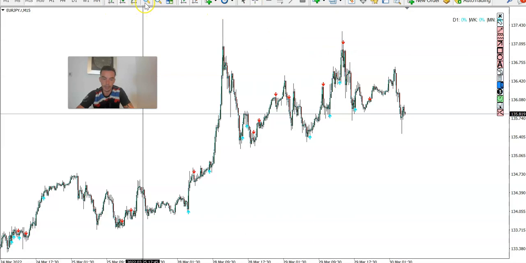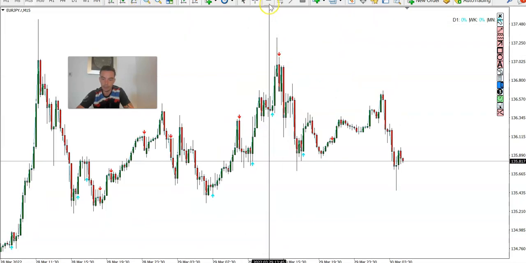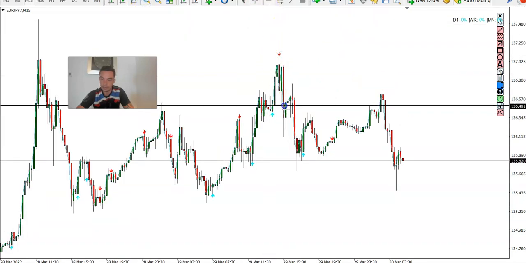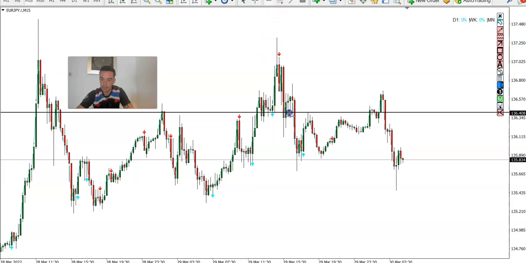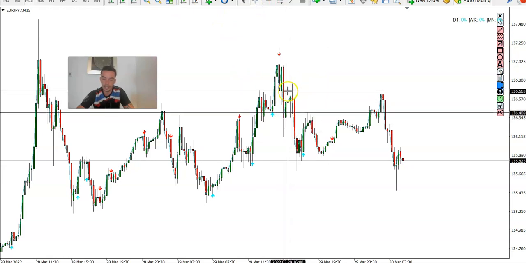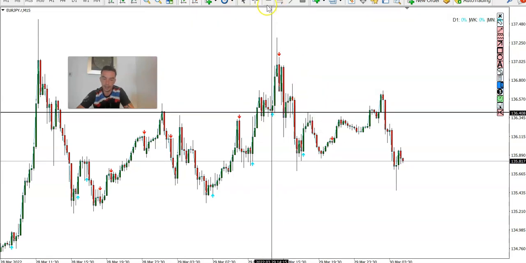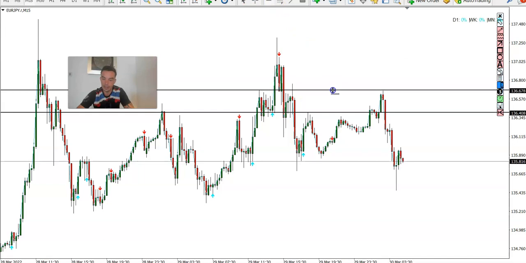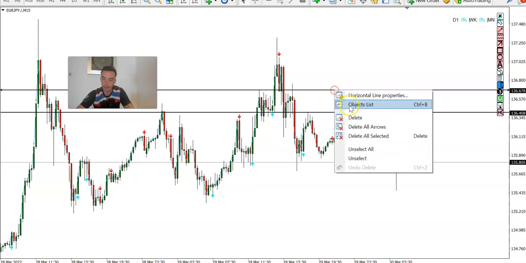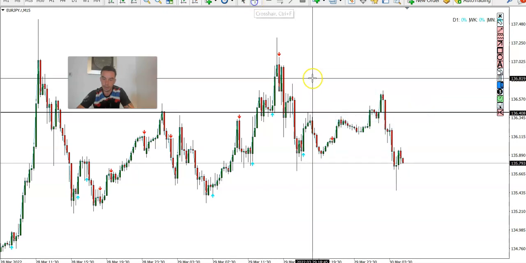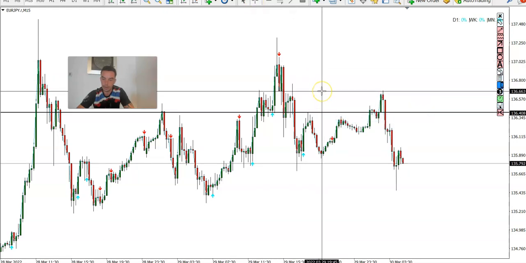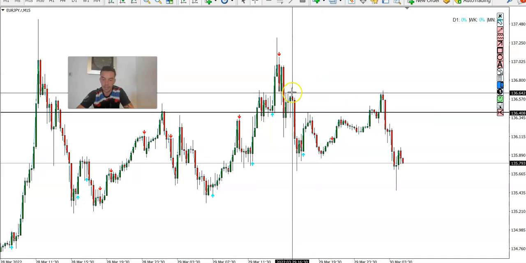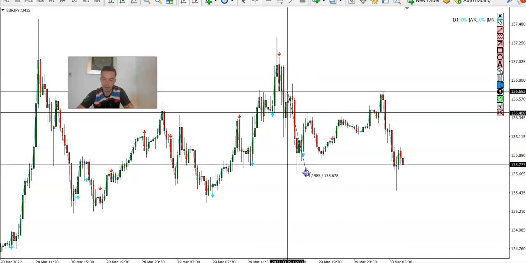And 136.4 is here, and you can see that we got the nice signal here yesterday at 136.65, and you can see a nice clean drop all the way down there.